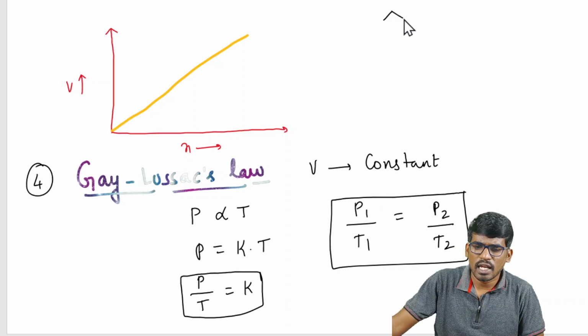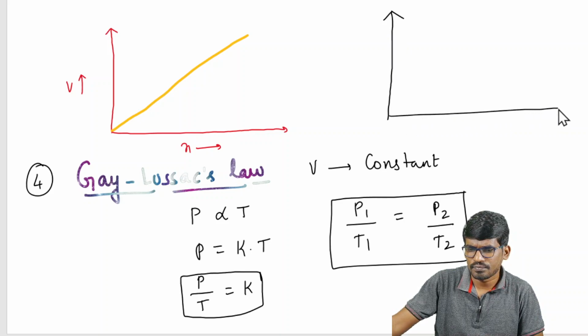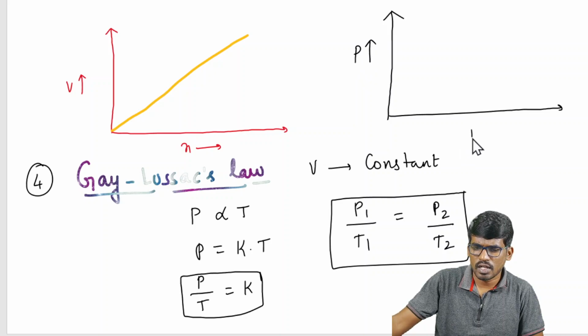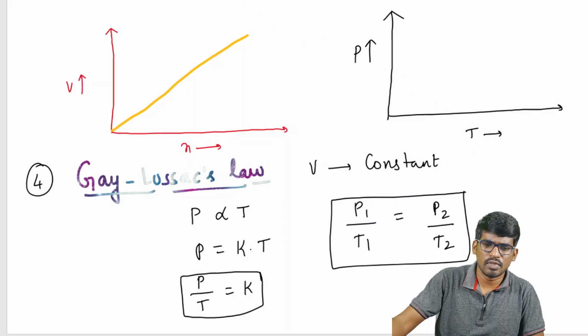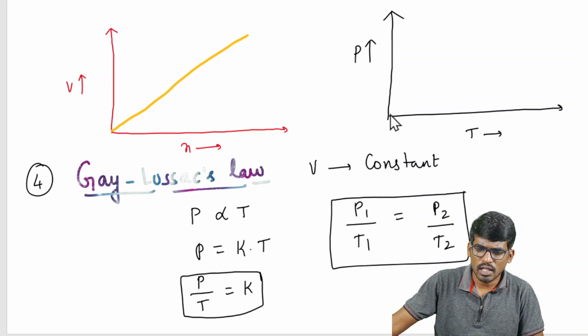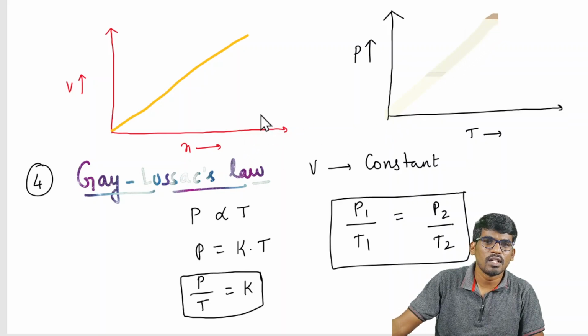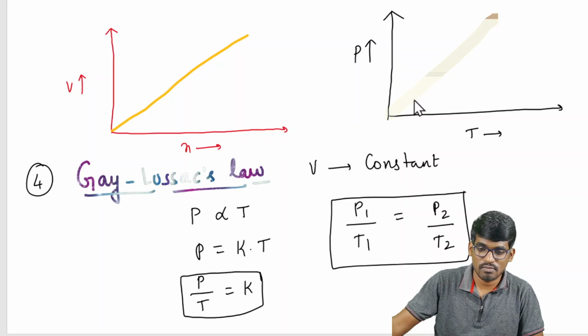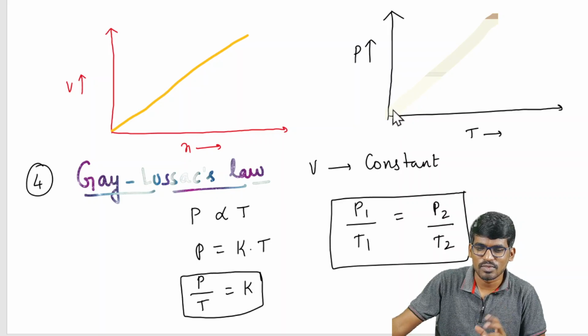And if you draw the graph between pressure and temperature, but volume is constant, here also pressure and temperature are directly proportional, and you will get a straight line passing through the origin. Of course, the line has become a little thick just to make a difference.